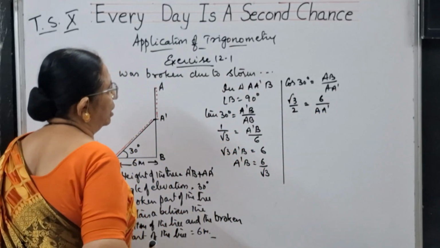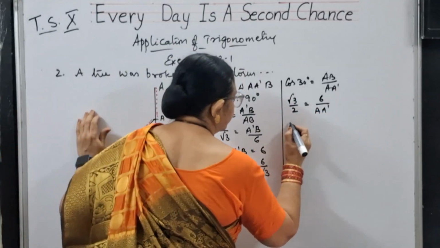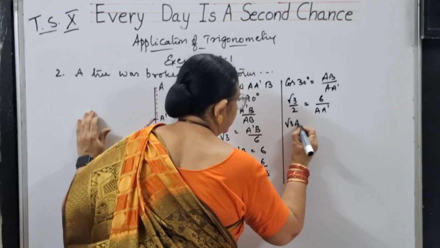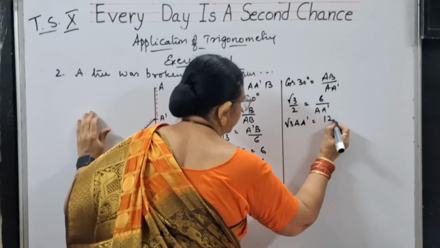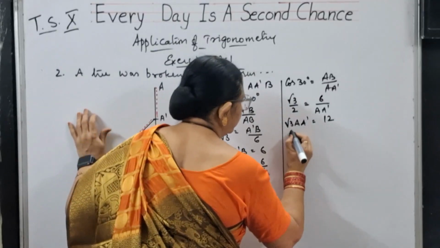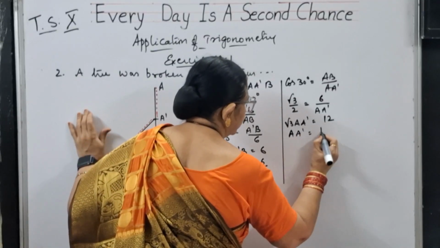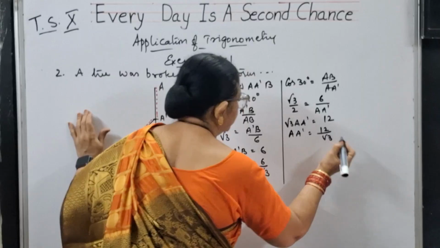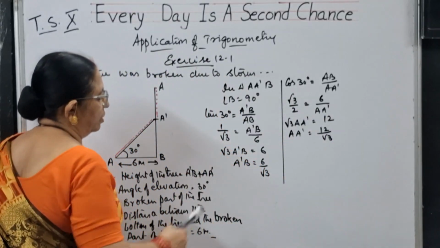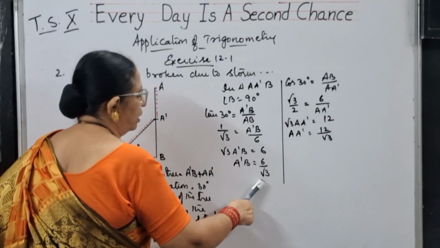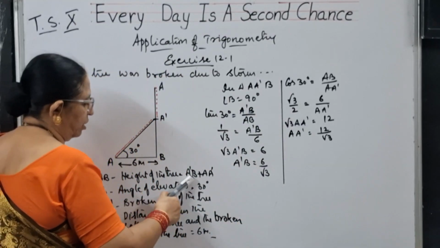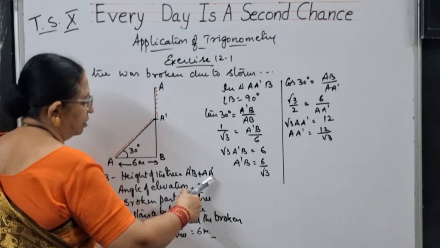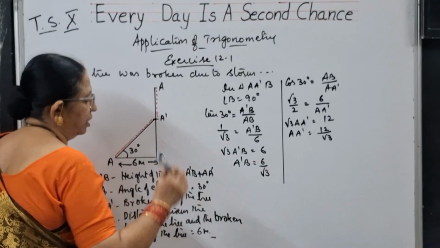So what is A'? Root 3 A' is equal to 2 sixes are 12. So what is A'? 12 by root 3. See, children, A'B is 6 by root 3, A' is 12 by root 3. Now you want height of the tree AB. Height of the tree is nothing but A'B plus A'.